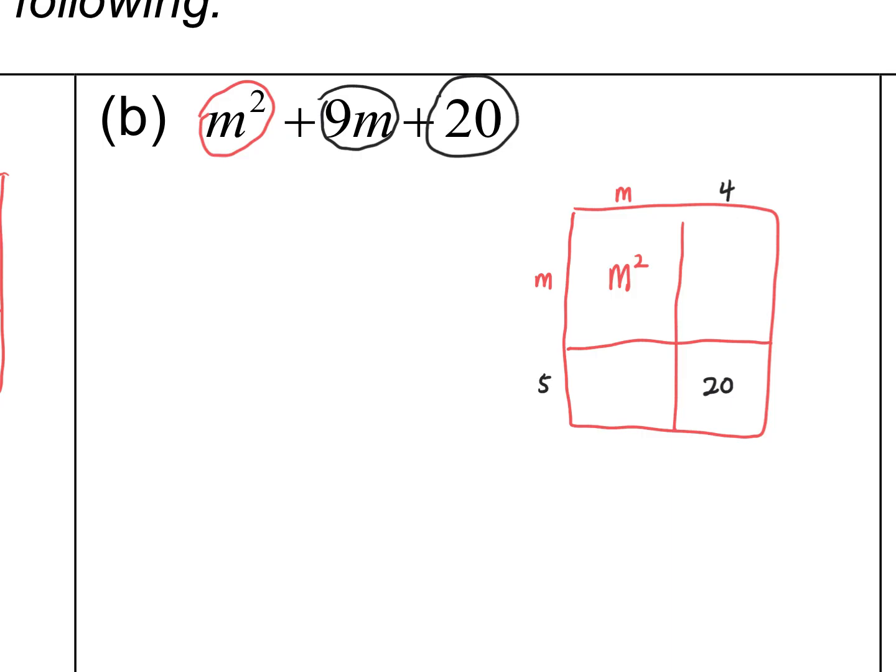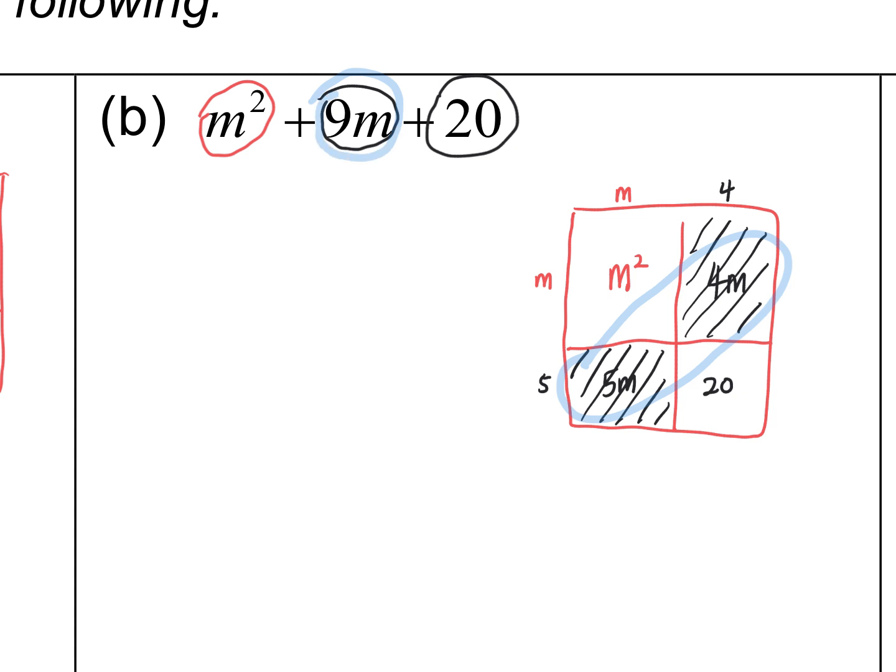Because 4 times 5 gives me 20, right? And I know if I find the area of this piece, it gives me 4m. The area of this piece gives me 5m. So these 2 will add up to the 9m I want. You can also choose 20 and 1, but it will not give you 9m. So you know your answer must be these 2. So m plus 4 and m plus 5. Okay?